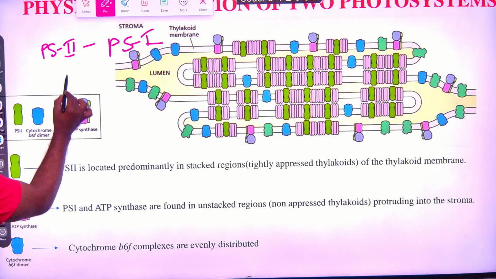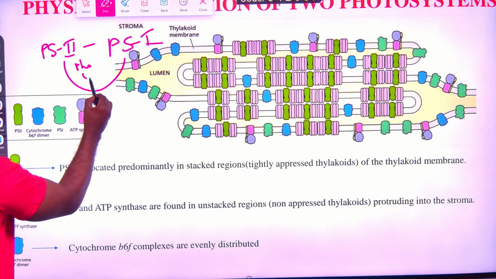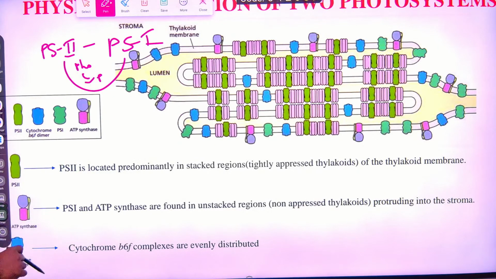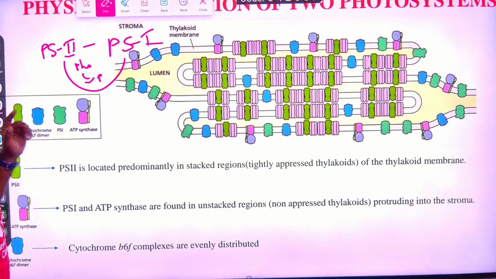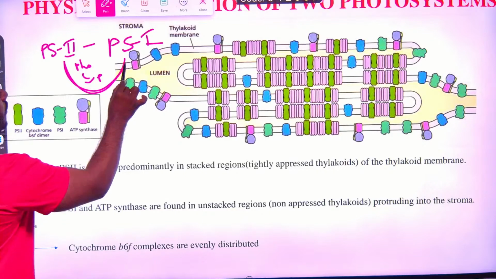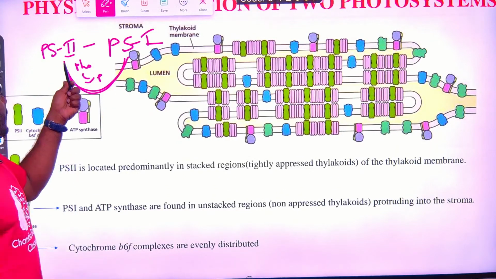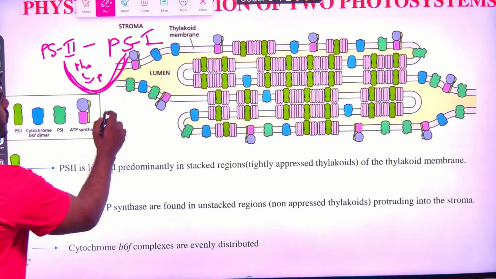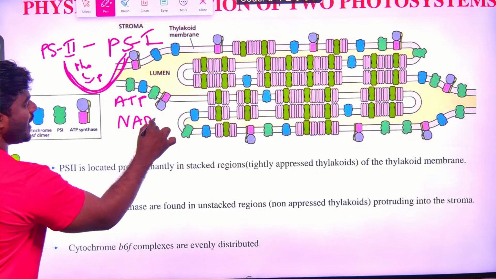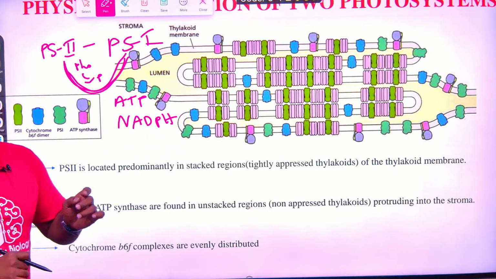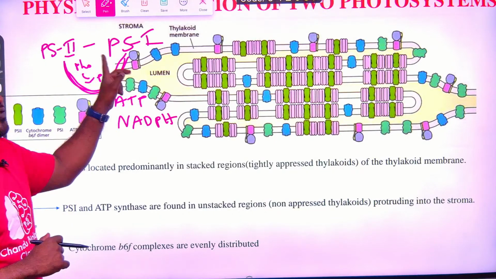Why does the electron always flow via several electron acceptors, moving via pheophytin, plastoquinone, different electron acceptors? If the electron flowed directly between the two photosystems, you could not produce the energy equivalent, you could not produce the reducing equivalent also. Compulsorily, there is a requirement of electron carriers between the photosystems.